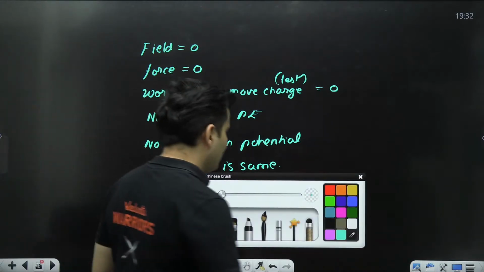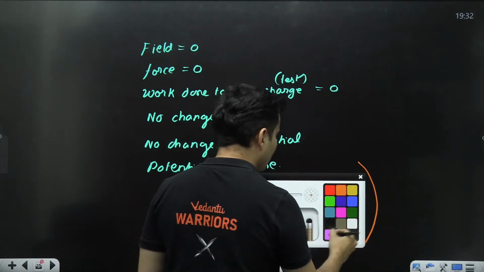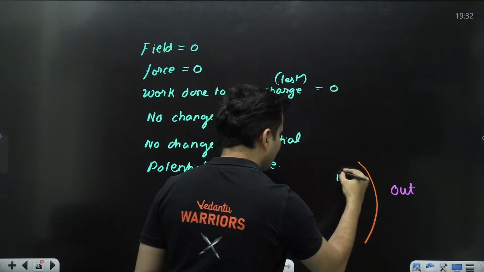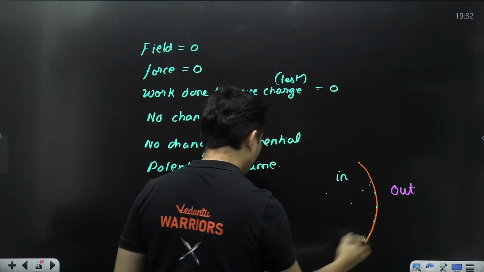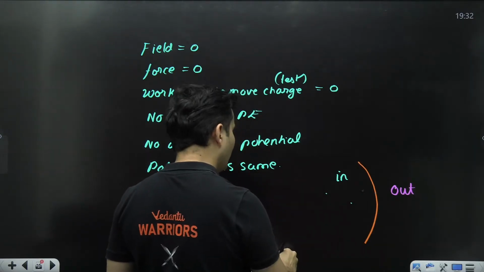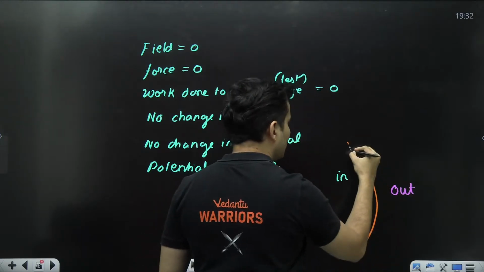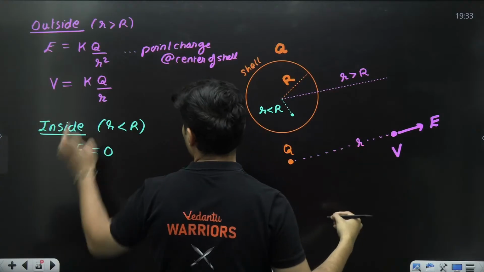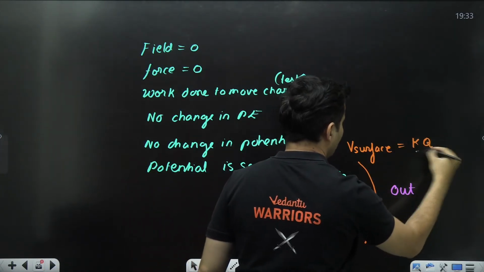So just imagine this is the surface. This was basically outside. This is basically inside. Whether you are here, potential is the same. And we know that if you are just on the surface, the potential on the surface using this formula will be kq divided by r.